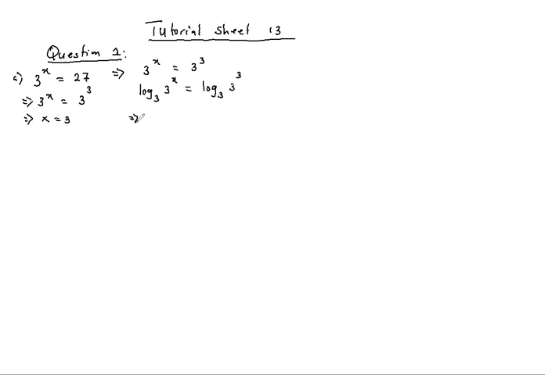Now log has the property of dropping the power, and so this becomes x log 3. Now one of the properties of logarithm is that log base 3 of 3 gives us 1. So the 1 here, and a 1 there. So this gives us x is equal to 3.